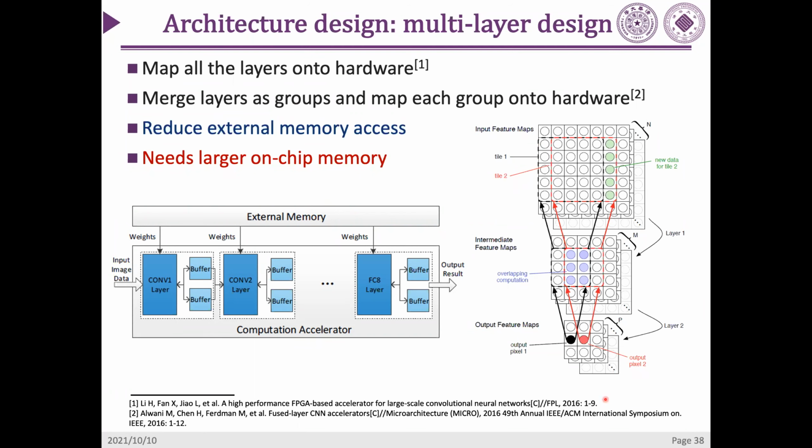For example, you can merge three layers together on the hardware, and then you don't need to get the intermediate feature maps out to the off-chip external memory. So you reduce a lot of external memory access.